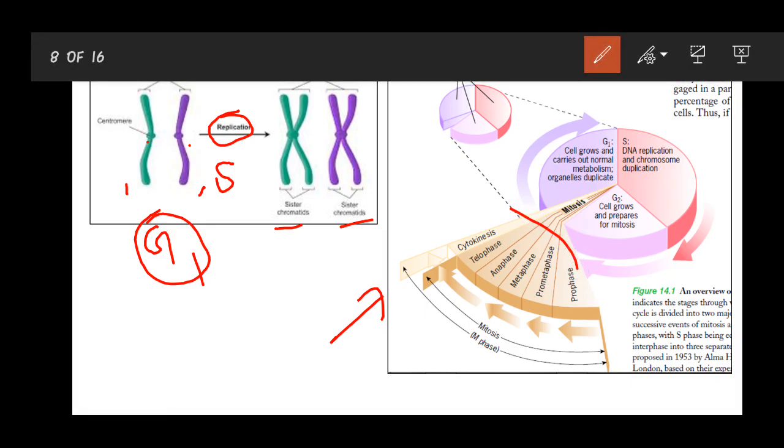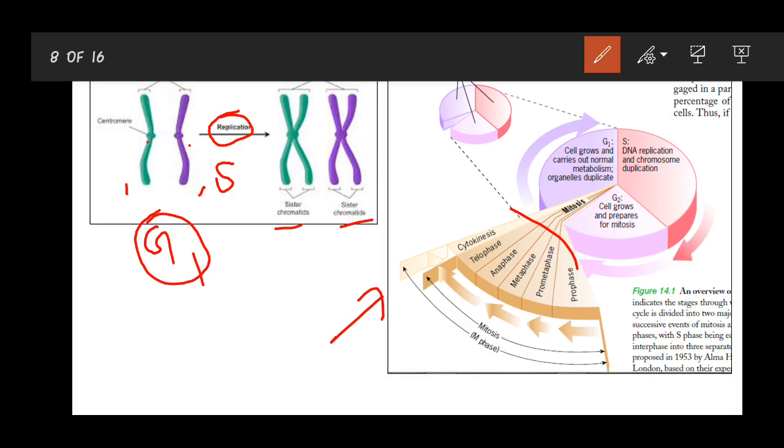In M phase, we will not be discussing each and every step in mitosis or meiosis. In the discussion for genetics, we will see every event and what is happening in it, but we will be detailing two events which occur during mitosis or meiosis, the metaphase as well as anaphase.